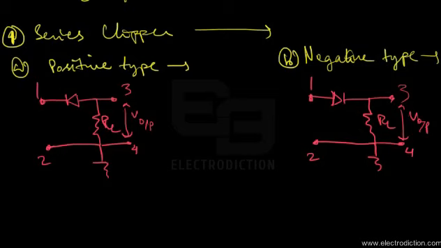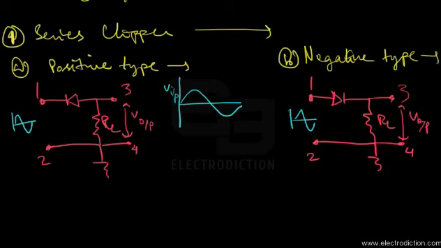Other than the direction of the diode, nothing is different. Let us first imagine the input signal at the input of each of the clippers. Here's our input signal, a sinusoidal input signal.